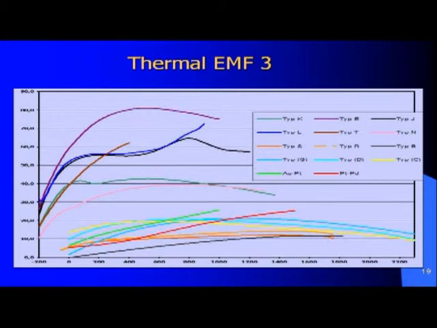Basically, all thermocouples which are alloys have a recrystallization effect, all of them. So when it is produced by Tempsens and you measure it in the laboratory, you will never find the same figures. They are always slightly different. This is due to recrystallization processes between the manufacturing process and the calibration process.